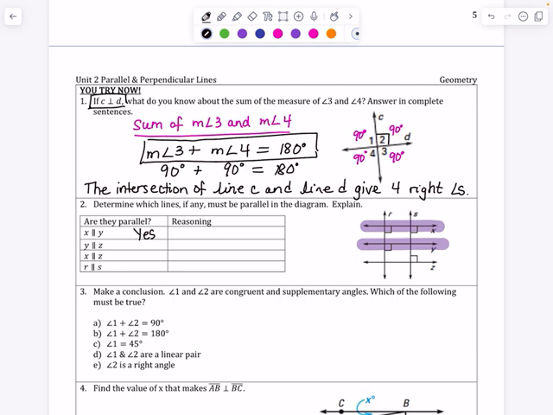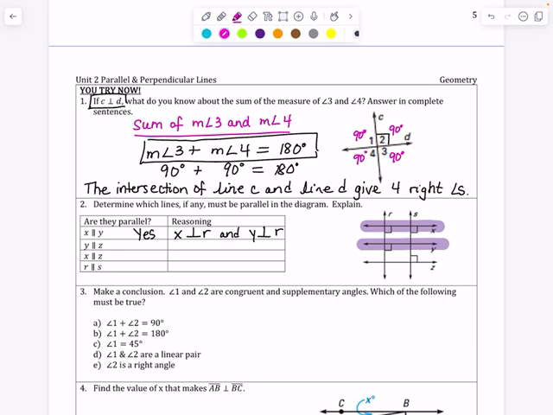And the reason is because X and Y are both perpendicular to line R. So I'm going to say that line X is perpendicular to line R, and I'm going to say that line Y is also perpendicular to line R. I'm going to highlight that and repeat it.